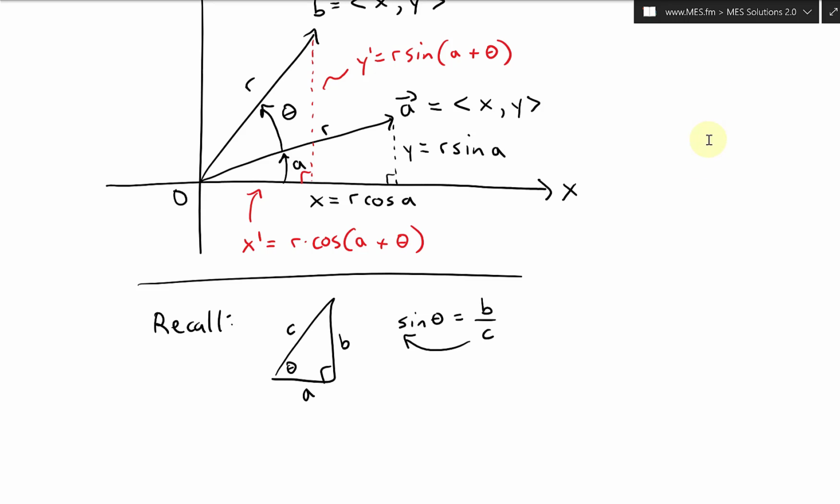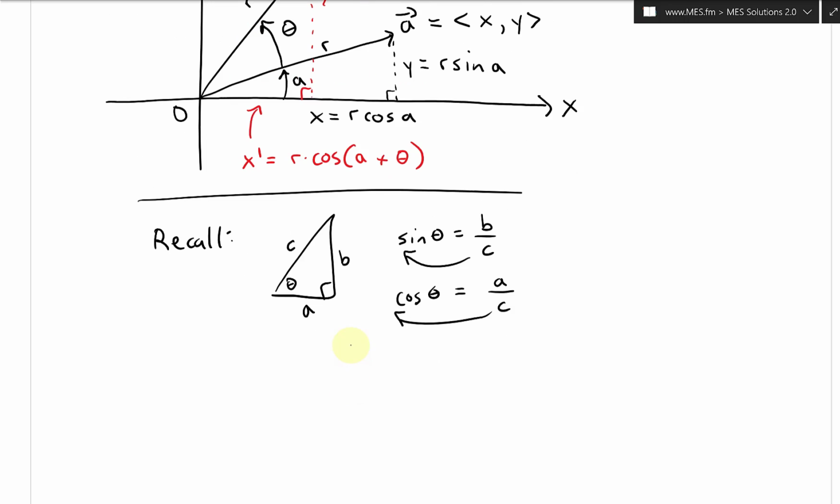We get b equals c times sine theta, or in this case r sine a. Likewise, cosine theta is equal to adjacent over hypotenuse, and then we move the c over to the other side. In that case we get r cosine a, where r is c and a is theta there.